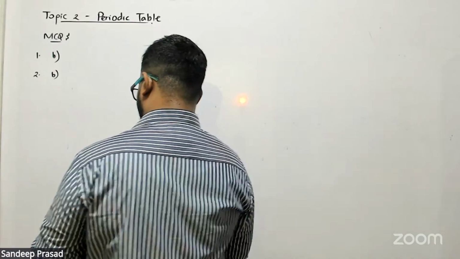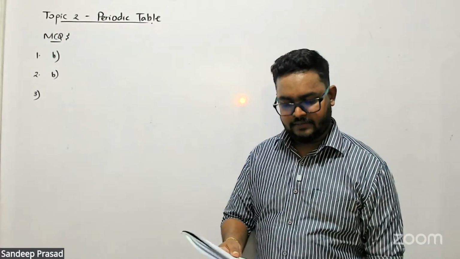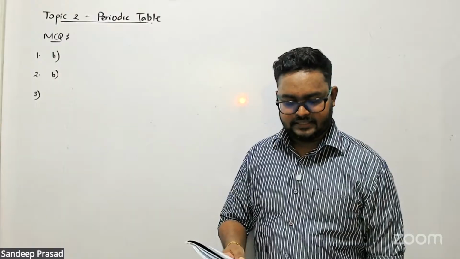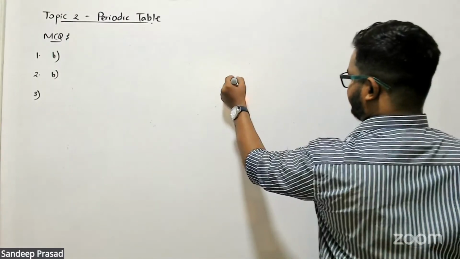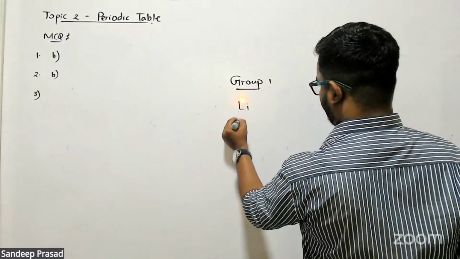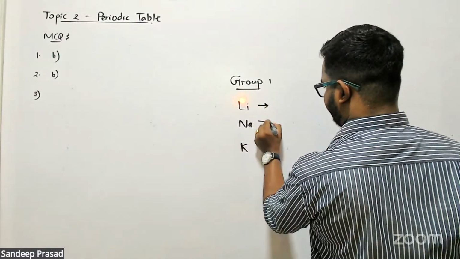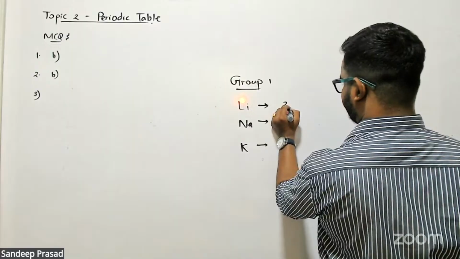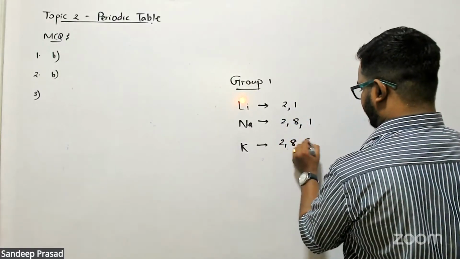Number 3. Elements in the same group have same number of protons, same number of valence electrons, same atomic number, and the same mass. What do you think? Students, now when you consider group number 1 elements, lithium, sodium, potassium, right? So the electronic configuration that you learn in your O-level time is here 2,1, here 2,8,1, and here 2,8,8,1.